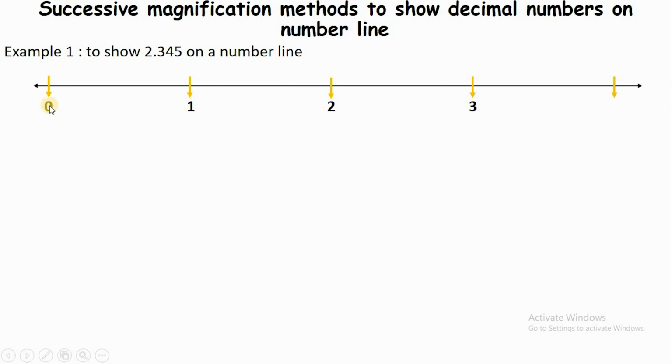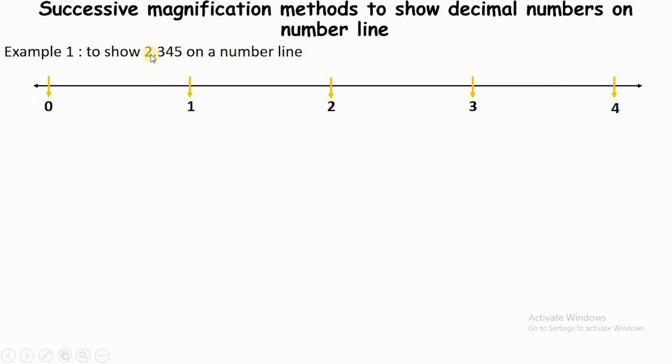Now 0 is the middle one, and here 2.345 is a positive number. Therefore, it lies on the right hand side of the number line. And on the left hand side, you can take all the negative numbers, but since we don't need negative numbers over here, we'll take only the positive part of the number line.